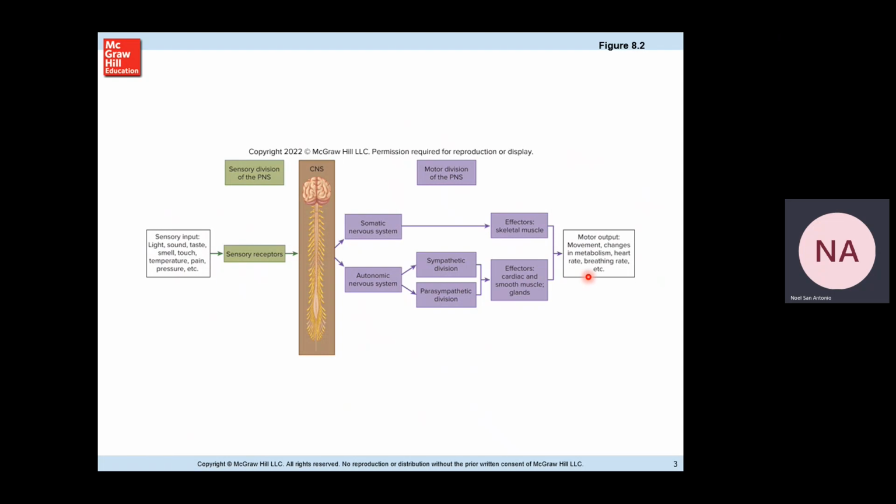And also remember, our PNS is divided into the sensory division and your motor division. So as you can see, if you look at the direction of the arrow, the sensory provides input, meaning afferent, going in. While the motor division provides output, meaning efferent, going out.